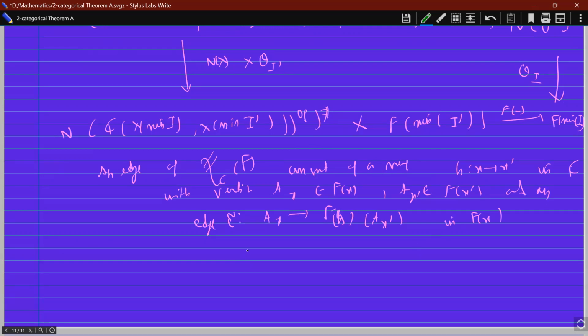So E is marked when E tilde is marked. Right, which is obvious.